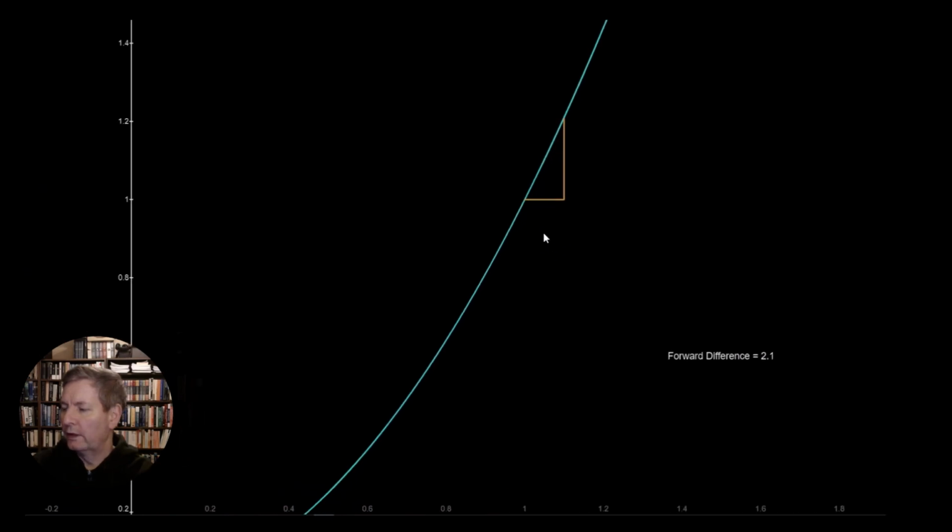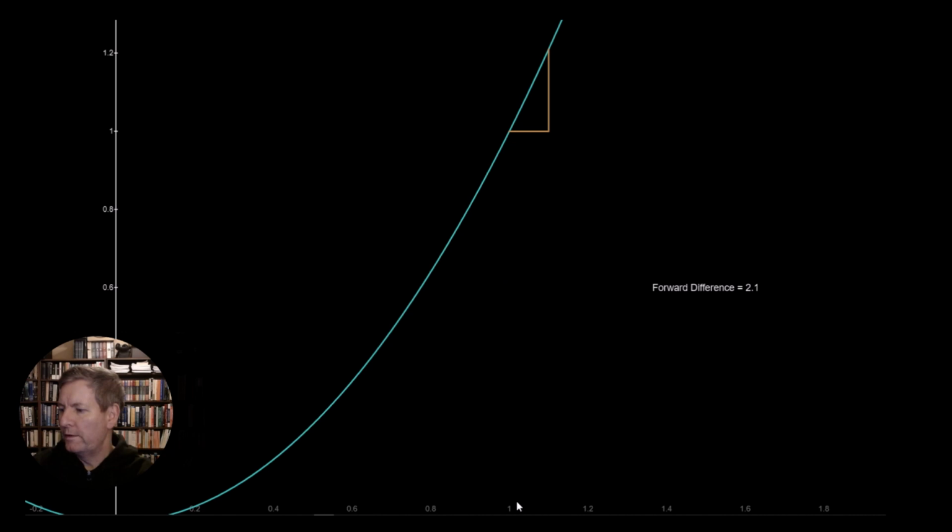So what we're going to do is we're going to take the point 1 and we're going to add on a small difference here. Now in this instance here, we're going to add on the value of 0.1. And then we're going to find the value of the function at that point. So we look at the value of the function at 1.1. So at 1.1, the value of the function is the point here where it crosses the line, 1.21.